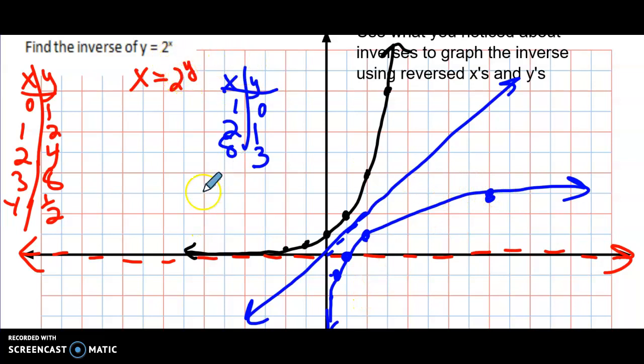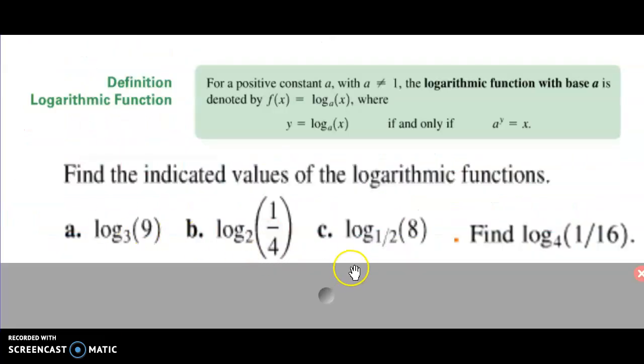So x equals 2 to the y, we can graph it, but we couldn't write it as a function. I want to write y equals something. And so we defined it as y equals log base 2 of x. It's the inverse of a to the x equals y. Since we couldn't take x equals 2 to the y and solve that for y, they invented something called the logarithm, which means exponent.